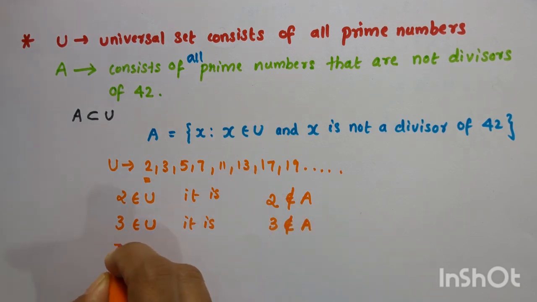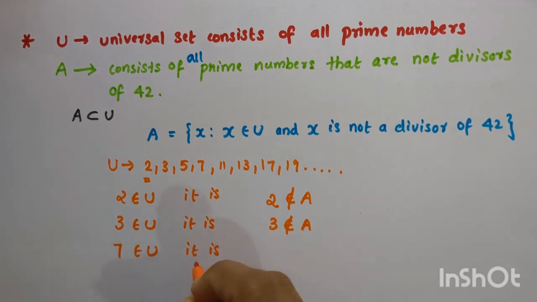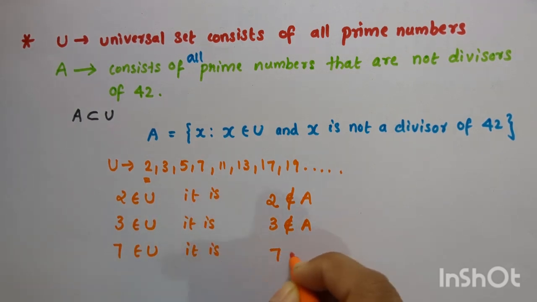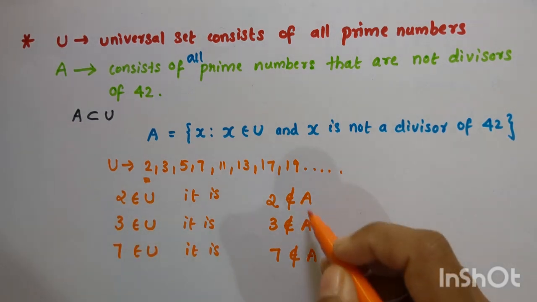Now if you consider the element 7, 7 belongs to the universal set U. It is also a divisor of 42. So 7 does not belong to A. So 2, 3, 7 are the prime numbers which are divisors of 42, so they do not belong to A.